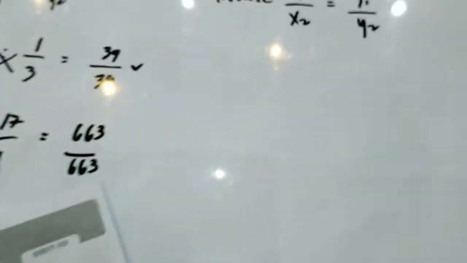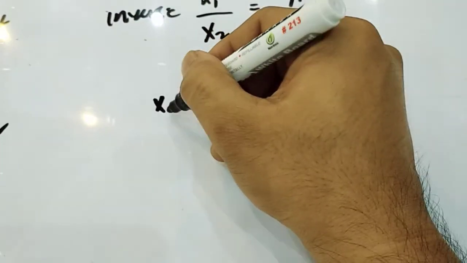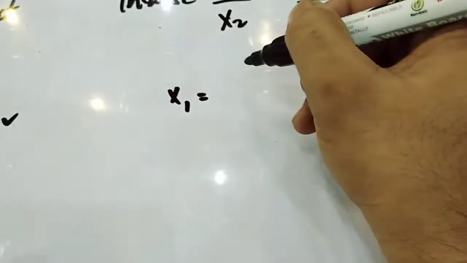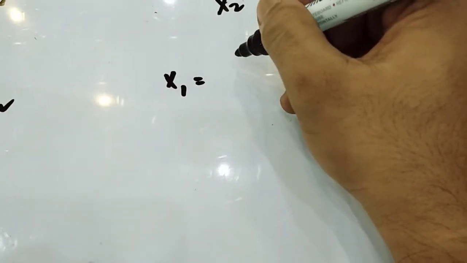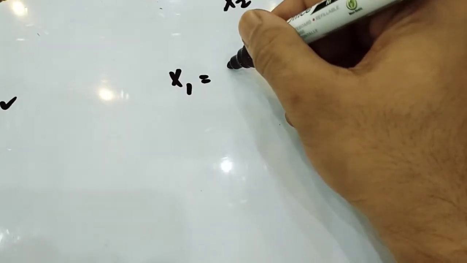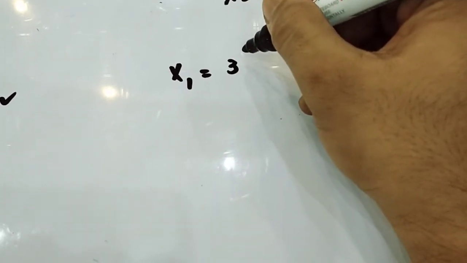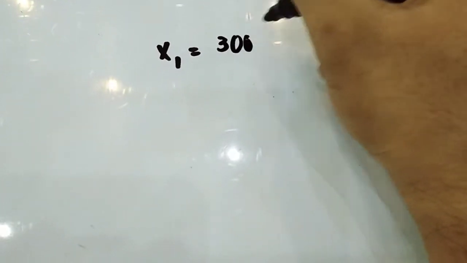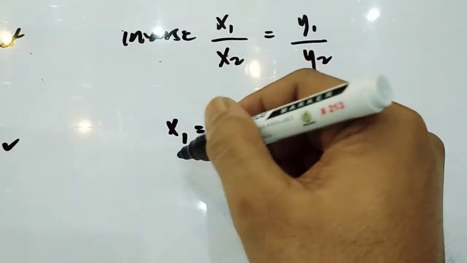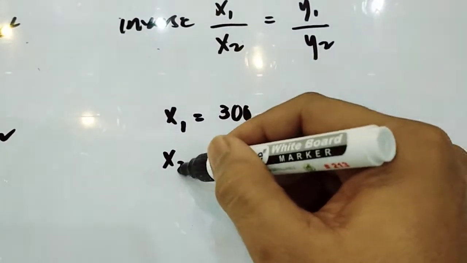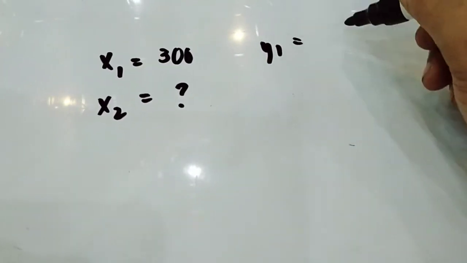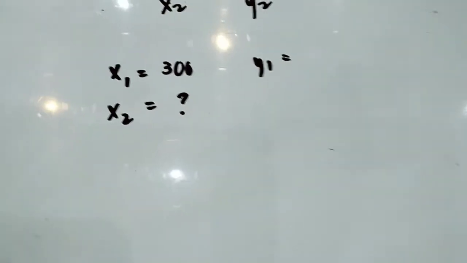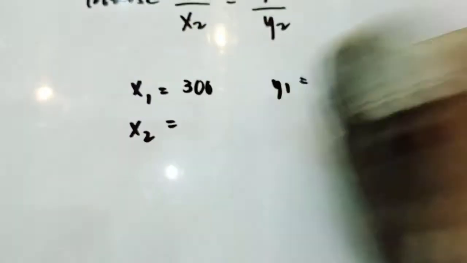Yun yung sa tanong. So we have here our x sub 1. So identify lang natin, we have x sub 1 is equal to 300 cadets. Yan. So ang nawawala natin is x sub 2. 350 pala, x sub 2 kapag nag-increase.